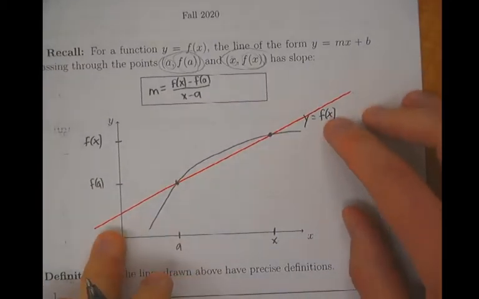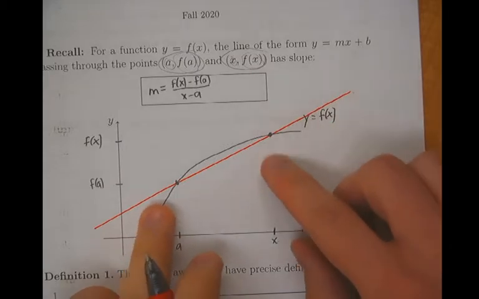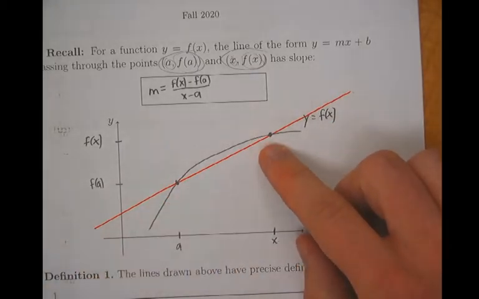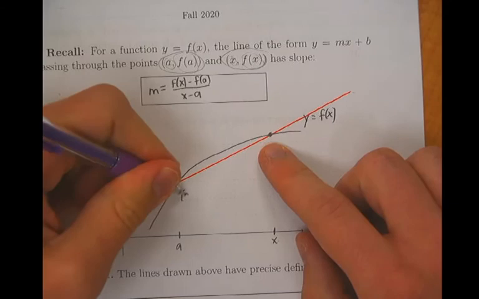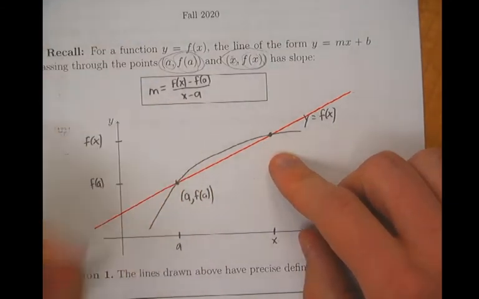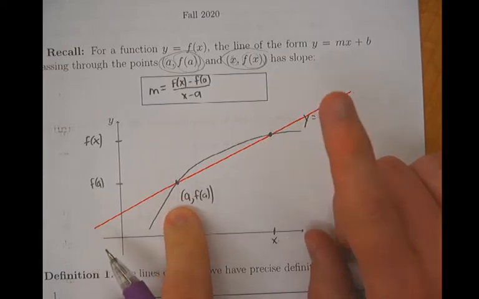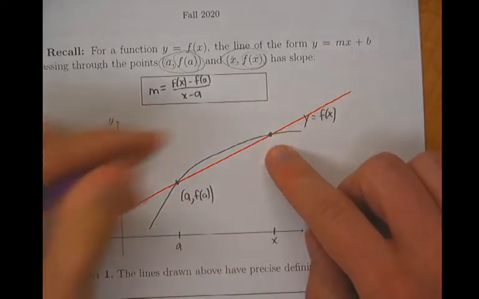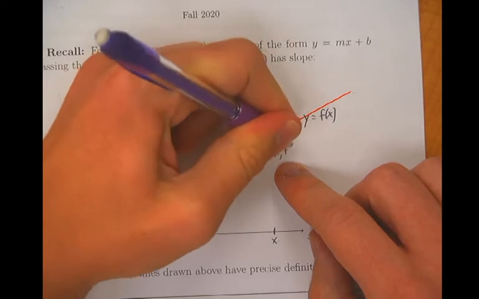In this case, this corresponds to the line passing through these 2 points here. So this is a comma f of a, and this is x comma f of x.